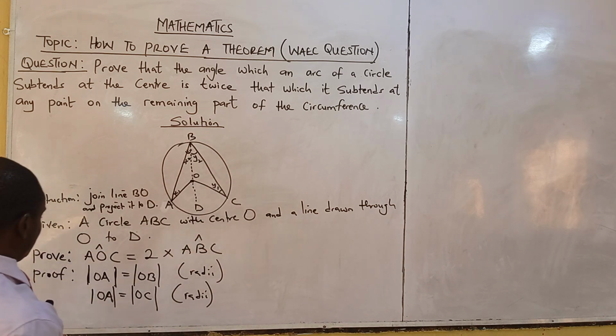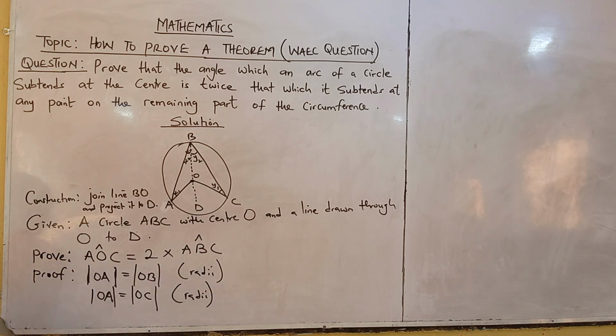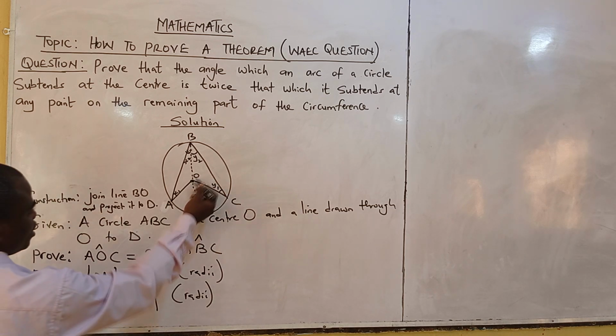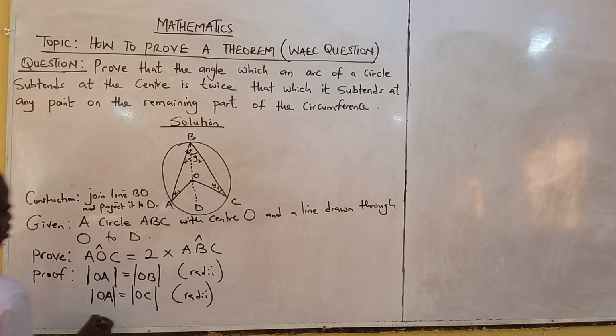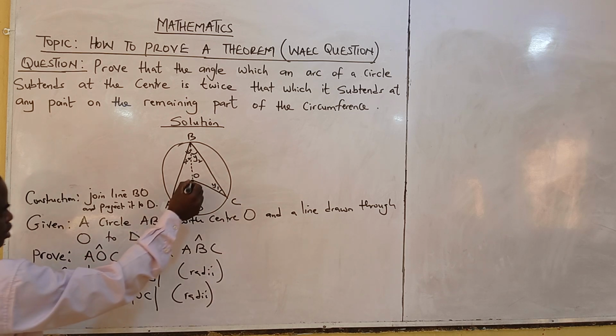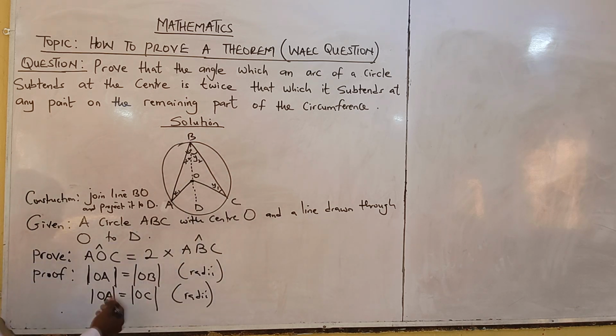Okay, now what next are we going to do? Because the radii are the same, you can now say this radius is equal to this. Is that okay? x1 will now be equal to x2. What's the reason?